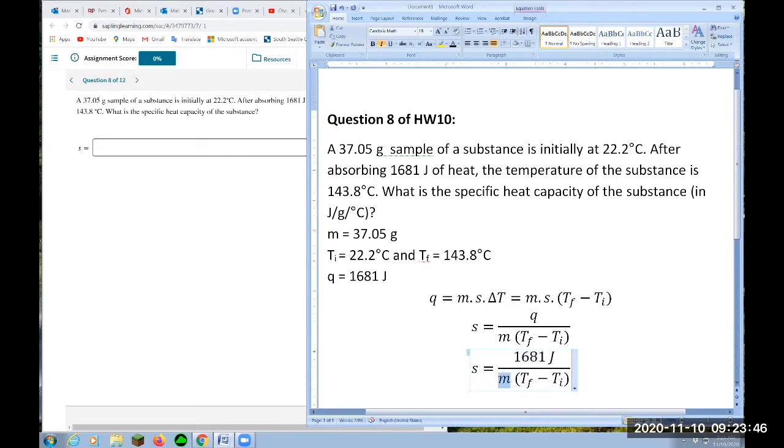M is 37.05 grams. Tf is 143.8 degrees Celsius. I'll put the degrees Celsius on the outside. And then Ti is 22.2 degrees Celsius. So all of this is a degree Celsius.